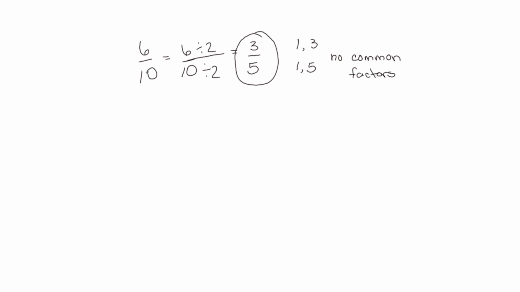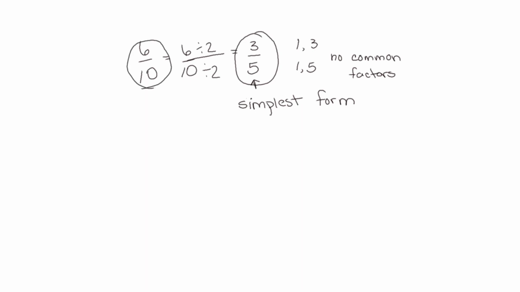And we say that this resulting fraction is in simplest form, which means we're showing as large units as possible. We can't combine in any way other than 3/5.